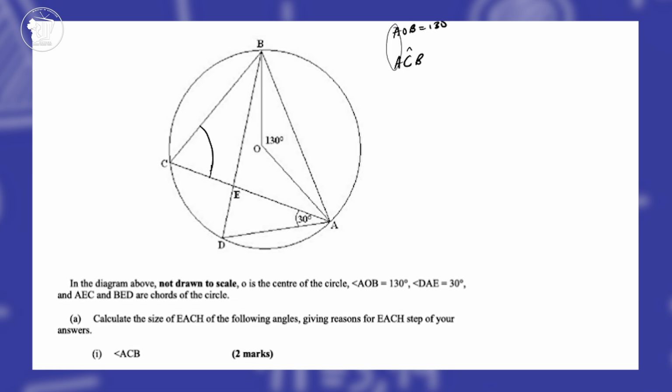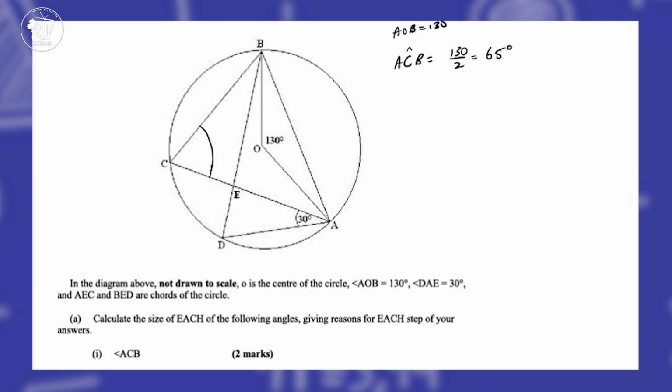So that means we can use the theorem that says the angle at the center is twice the angle at the circumference. So since AOB is 130 and this is twice of whatever is here, in order to find this angle, we need to divide 130 by 2, which will give me 65 degrees.